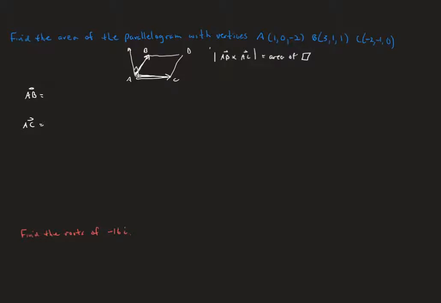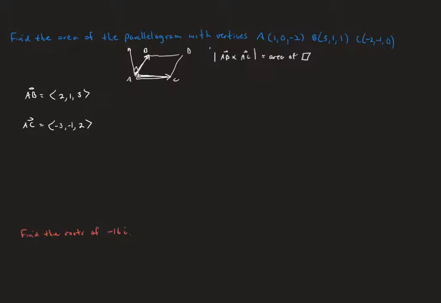So vector AB is going to be 3 minus 1 is 2, 1 minus 0 is 1, 1 minus negative 2 is 3, and then we're going to get AC, which is negative 2 minus 1 is negative 3, negative 1 minus 0 is negative 1, and 0 minus negative 2 is 2.